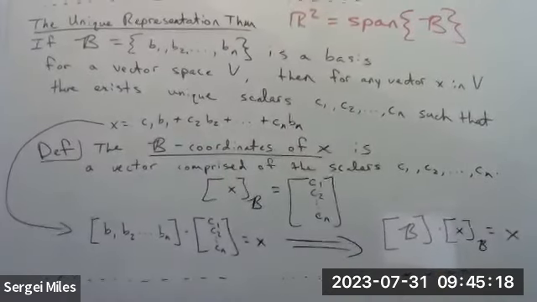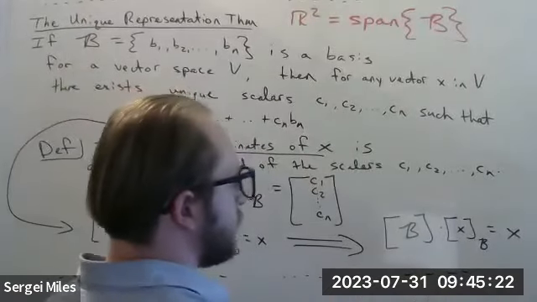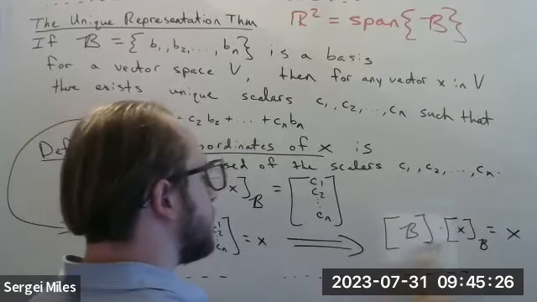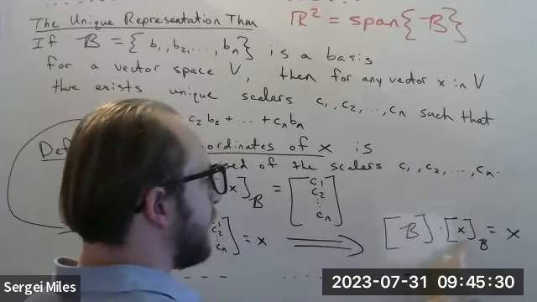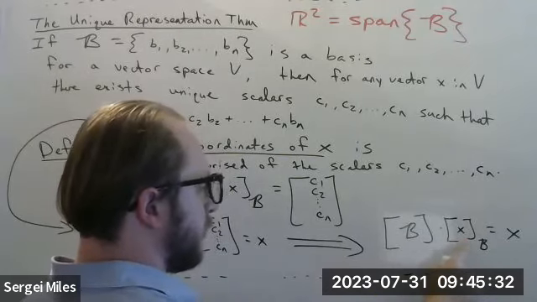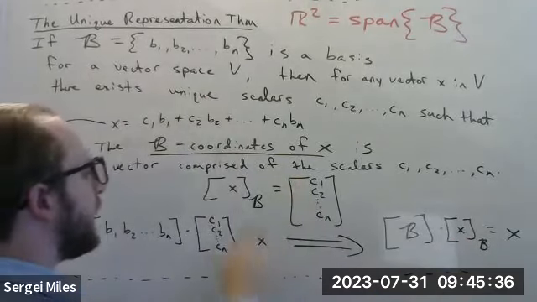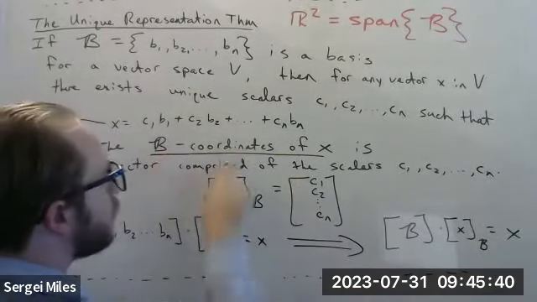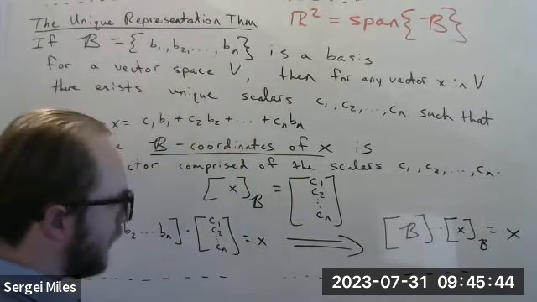So how do we actually solve this problem in practice? Well, we know how to solve this problem. This is a matrix equation. This means take a matrix of your basis vectors, augment with x, row reduce and solve, and you're going to find the solution. You're going to find what scalars make it happen. The scalars then create our b coordinates of x in terms of the basis, right?